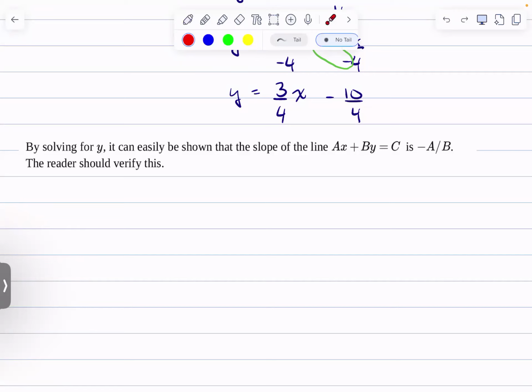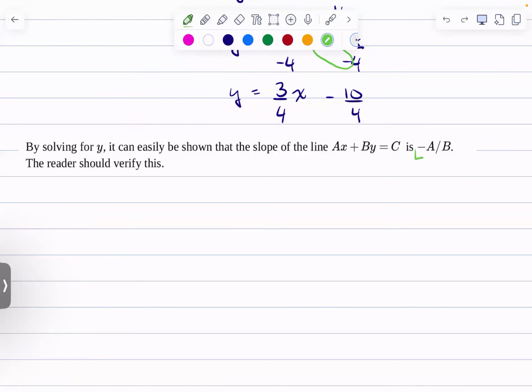We're going to solve for y in ax plus by is equal to c. And what we're going to find is that the slope of the line will always be negative a over b, which we kind of saw earlier, right? Kind of.